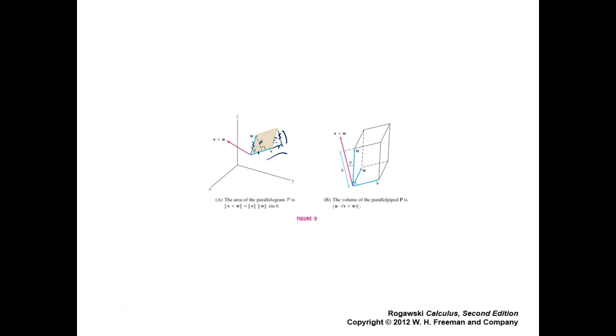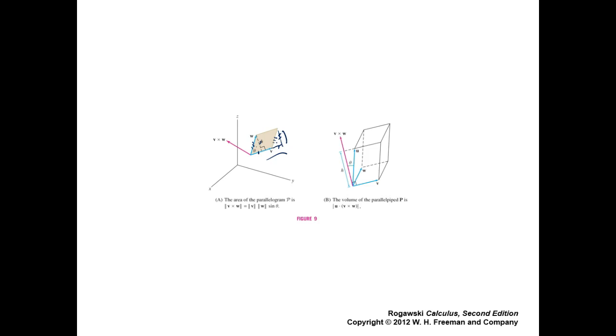But that is this height here. And now this is perpendicular to that plane v cross w. So it's perpendicular to that. This pink line is. And the u dot that is going to be exactly the volume of that parallel height.